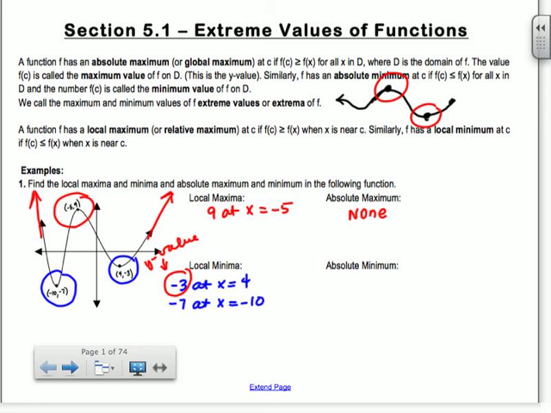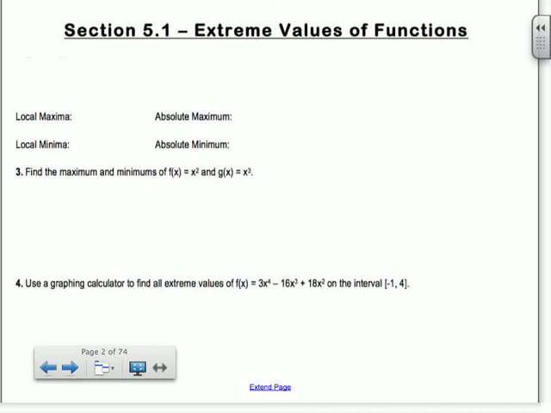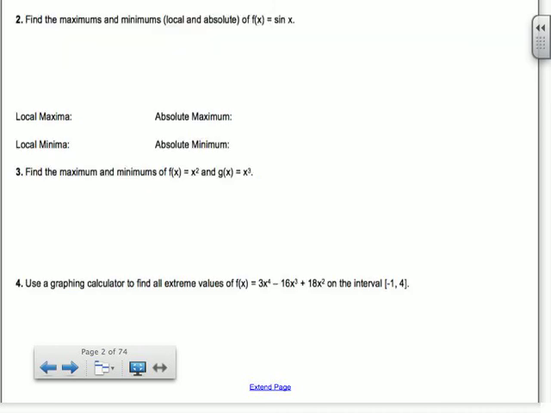All right, how about the minimum? Absolute minimum? Yeah, so it'd be -7 at x equals -10. So that's the lowest that it goes. All right, number 2, find the maximums and minimums, or maxima and minima, local and absolute of f of x equals sine of x.